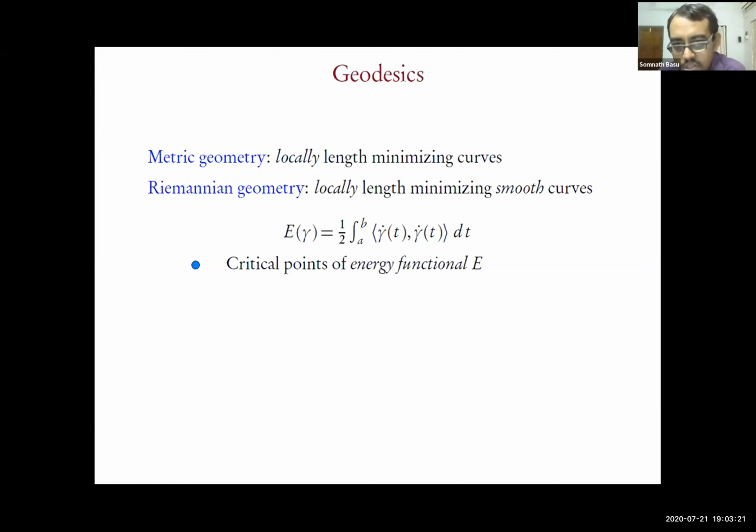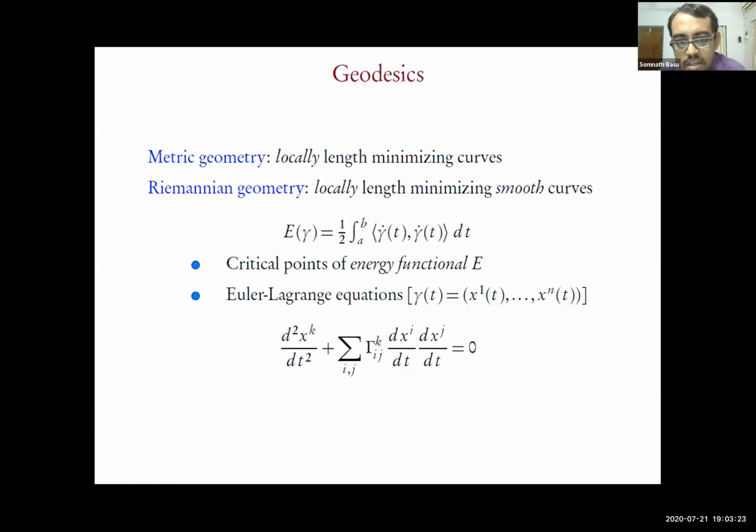So if you use the calculus of variations, then there's a formalism called the Euler-Lagrange equations, and the Euler-Lagrange equations will tell you what these critical points ought to satisfy, and it satisfies a system of differential equations of this form. So again, I'm writing my curve gamma of t in local coordinates. In a manifold, in a local chart, you can have coordinates x1, x2, up to xn.